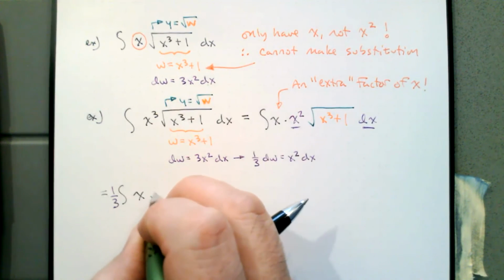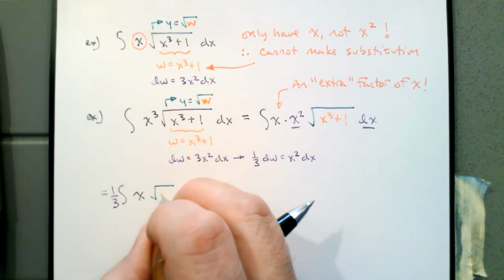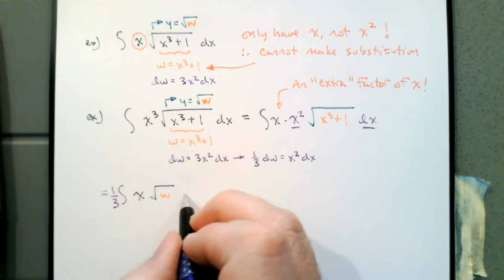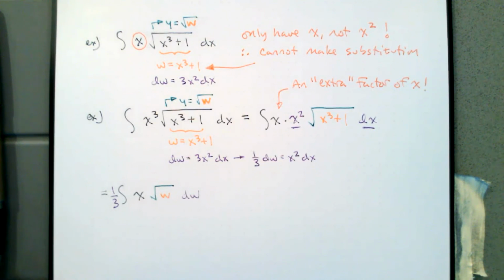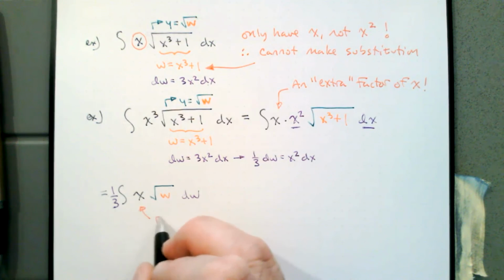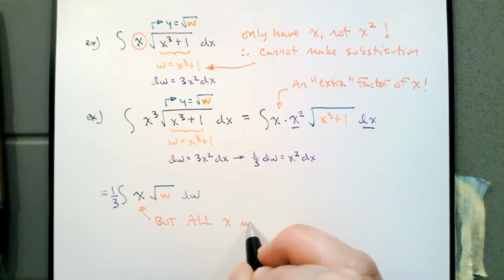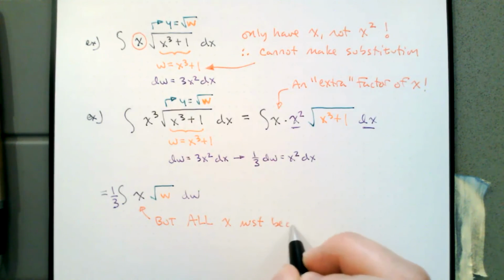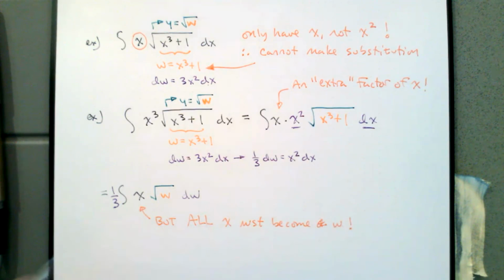And we can still have the square roots of w. But all x must become w. All the x's must be substituted. No x left behind.